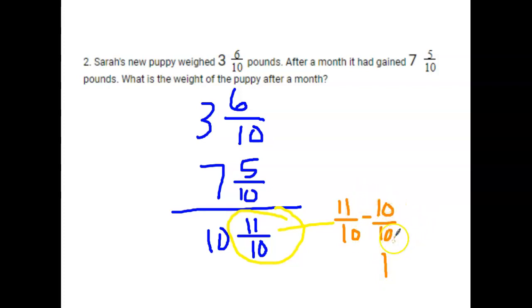Great, subtract. So 11/10 minus 10/10 is what? Good job, 1/10. What do I do last? Last step. Great, add my whole numbers back. So I'm adding 10 plus 1. What is 10 plus 1? Good job. So you have 11 and 1/10 as your answer.